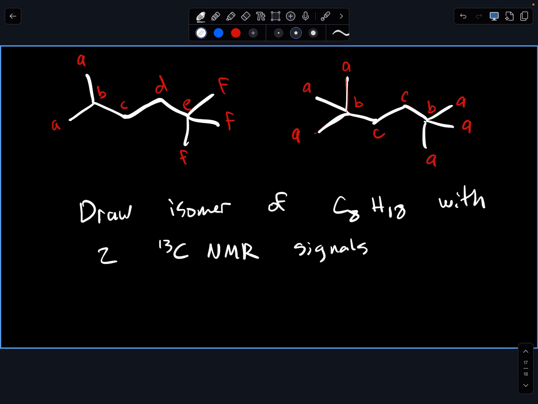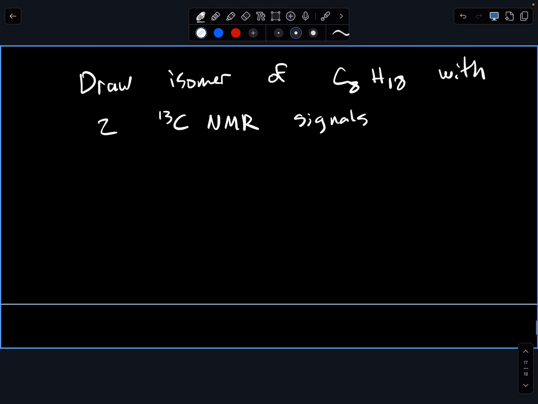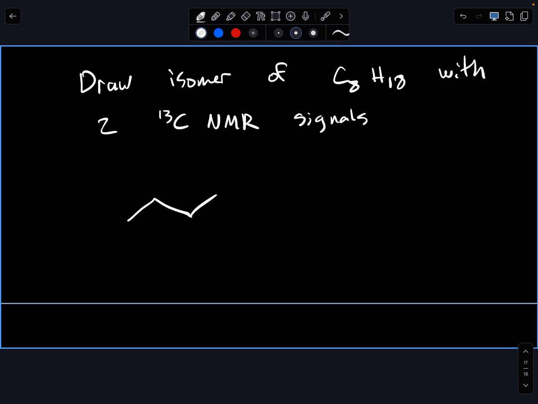Eight carbons, but there's got to be a lot of symmetry to make it only have 2 signals. And the answer to that one was this, which is similar to that last one because you have A, B, and B.